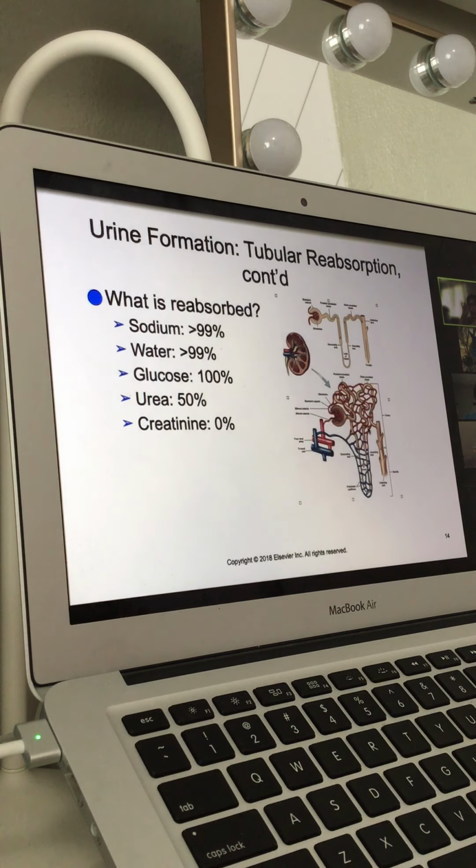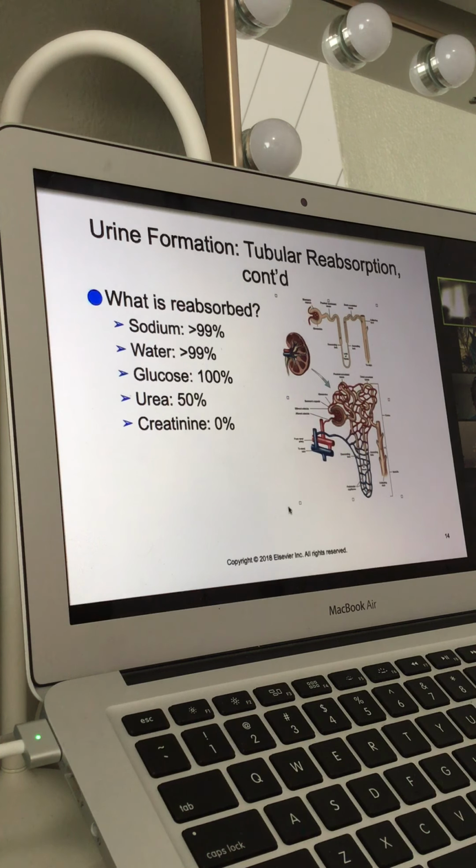So sodium is being reabsorbed, water follows. Whenever there is sodium, water will always follow sodium, and also chloride. That's why sodium and chloride are always together. Whenever there is sodium, there is chloride, there is water.